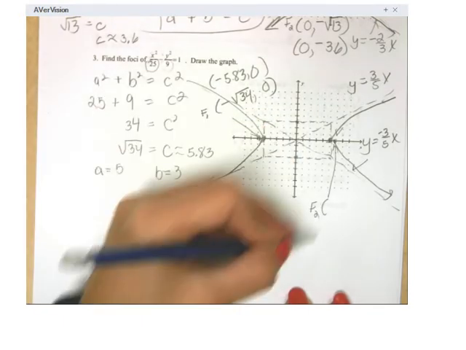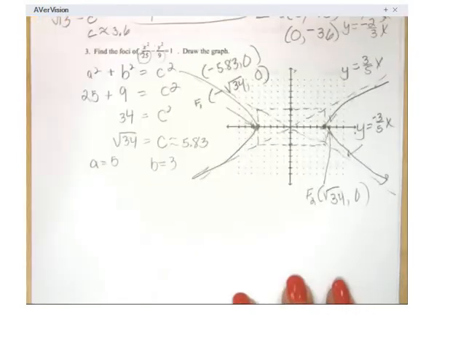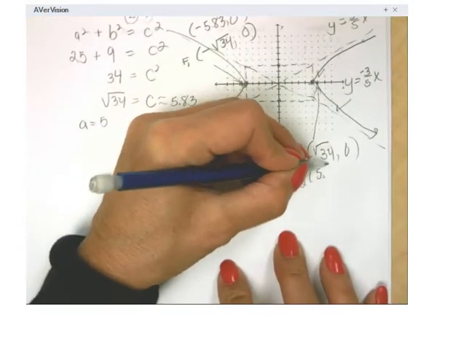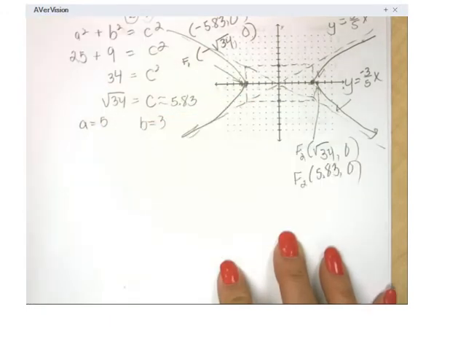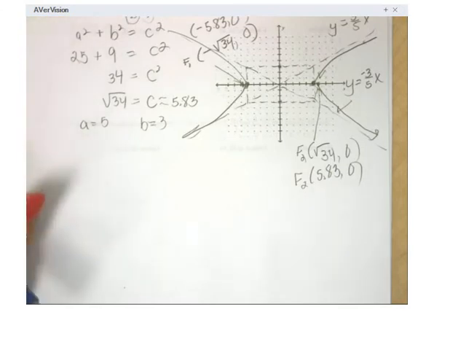But if I list it down as negative 5.830, that's plenty good. And the other one is going to be located on the opposite side. And I'd say he's about right there. And so the second focal point would be at positive square root of 34, 0. Or decimal approximation about 5.830. Okay, and you're ready to practice.